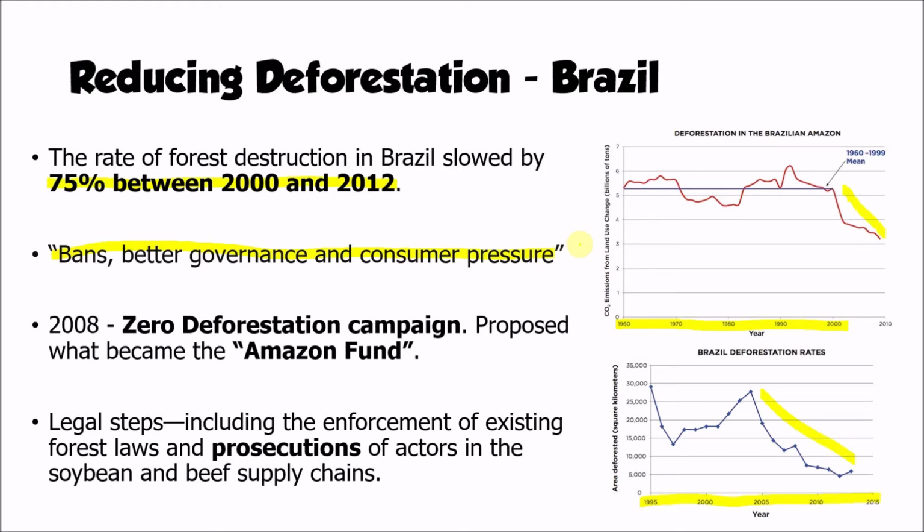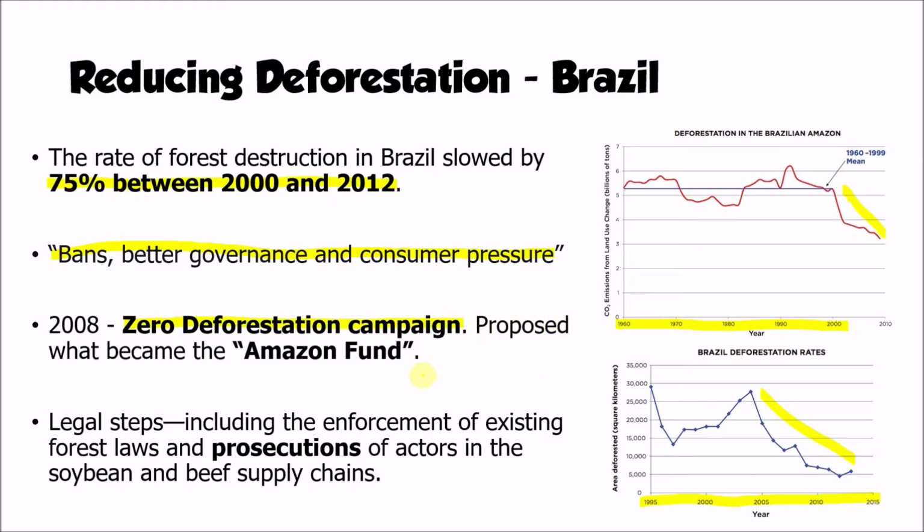Lots of campaigns within Brazil putting pressure on all aspects of the supply chain. In 2008, a group of non-government organisations, NGOs, within Brazil started what was known as the Zero Deforestation Movement, or the Zero Deforestation Campaign.